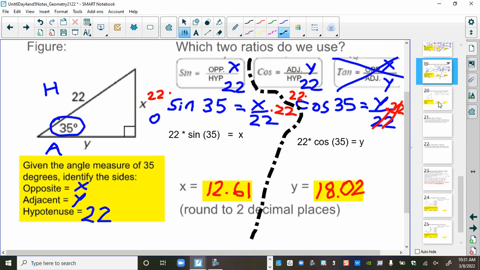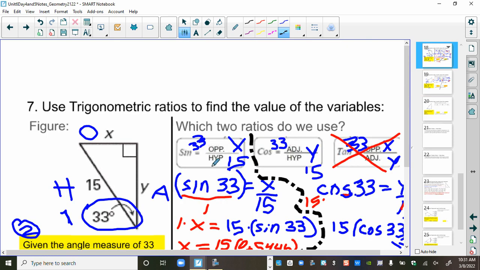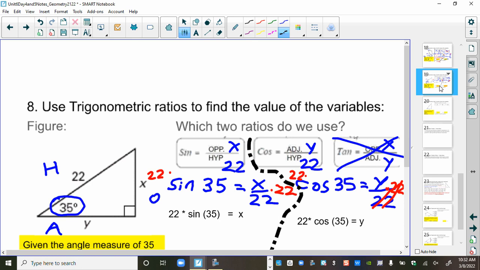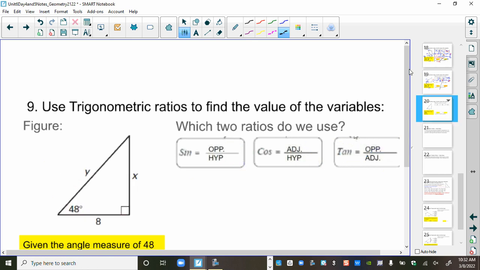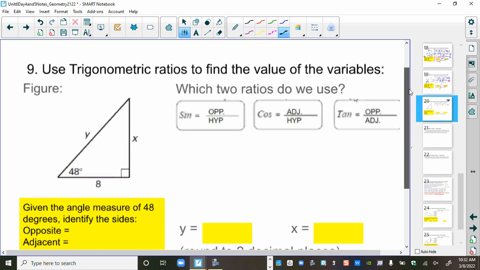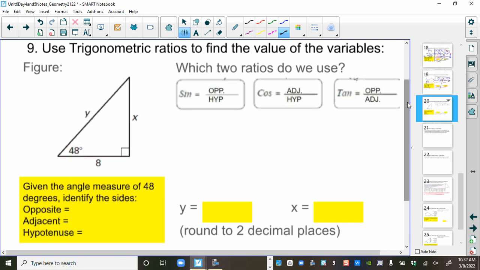We're going to do one more of this type, but this one's going to be a little different. Beware. The first two aren't that bad because in both cases it was sine and cosine. But now the third one, we've got to be careful. We have to identify what's given to us: opposite, adjacent, or hypotenuse.